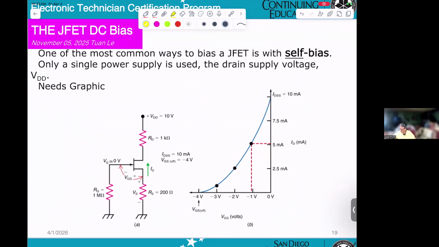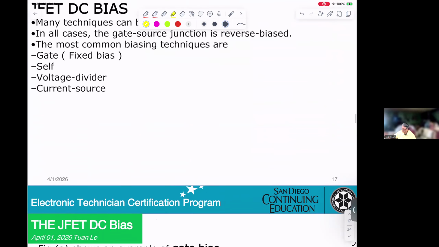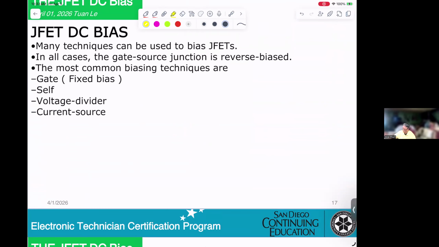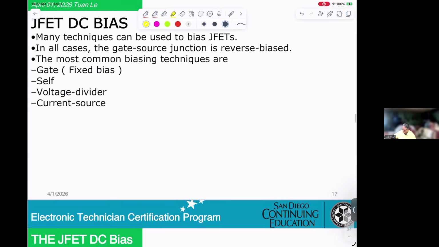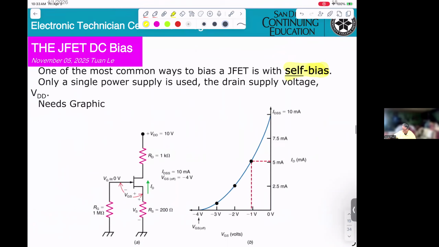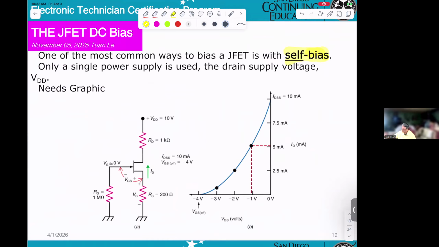One of the most common ways to bias a JFET is self bias. It differs from the first one: first is fixed bias, second is self bias. How do we recognize it? This is self bias. You see here, they route to ground, not a negative voltage.